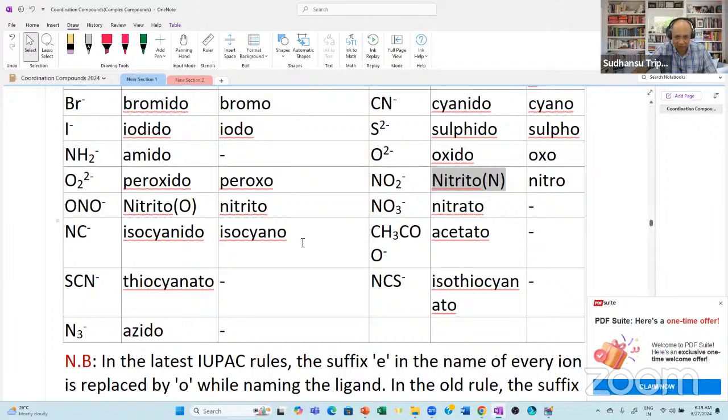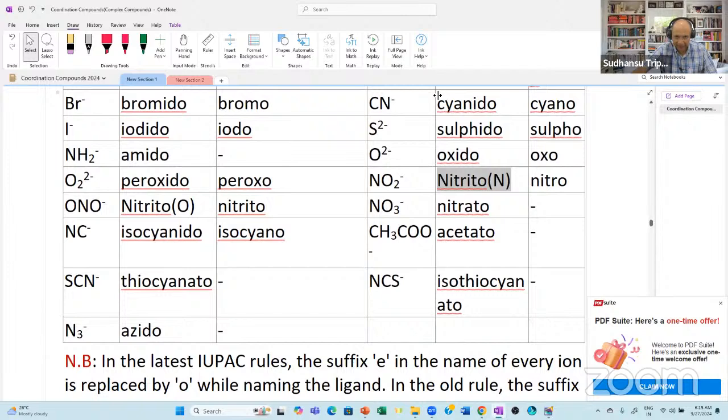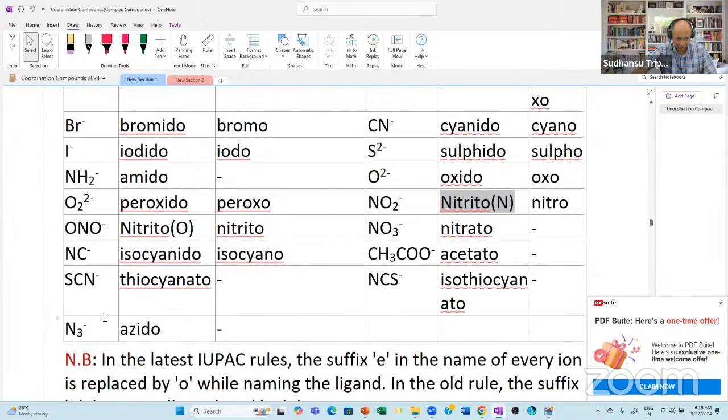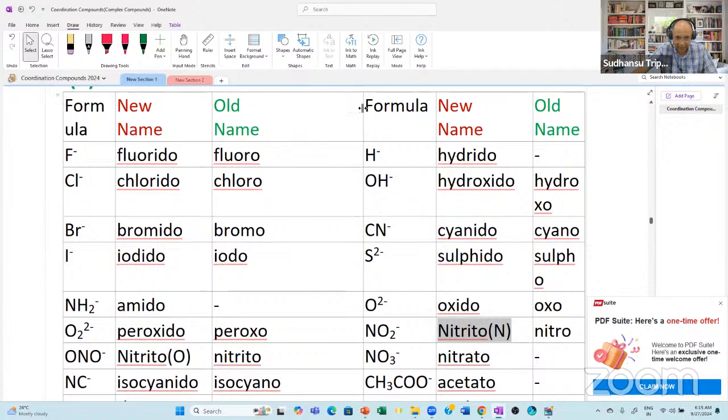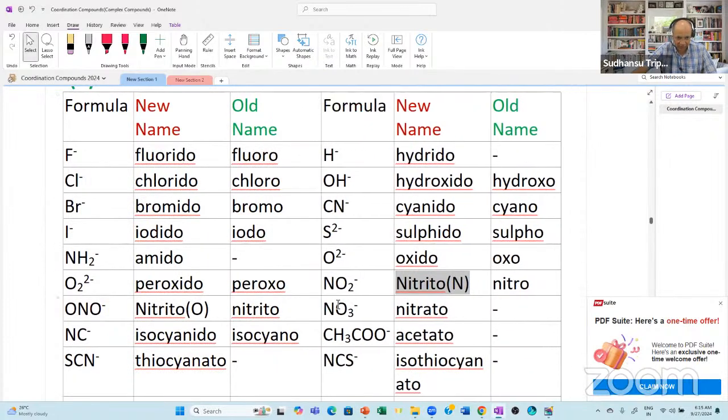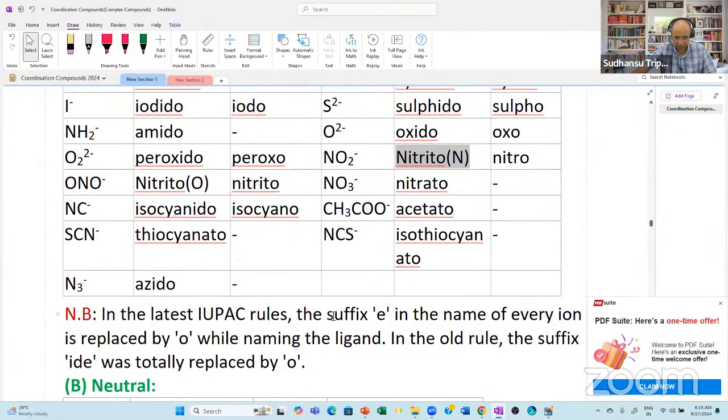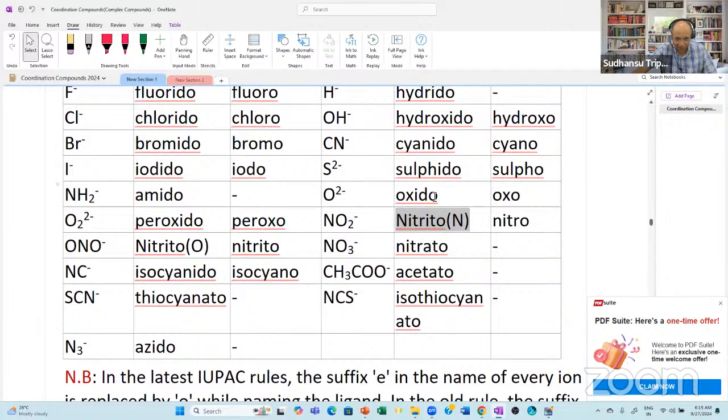I'm sorry. This is isocyanide, isocyano. This is acetato. This is thiocyanato, sulfur donor, and this is isothiocyanato. Oxido.